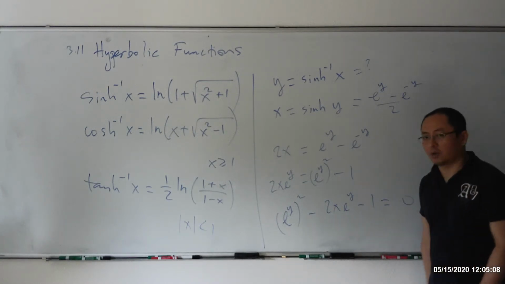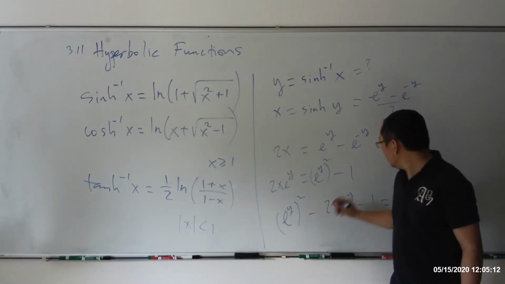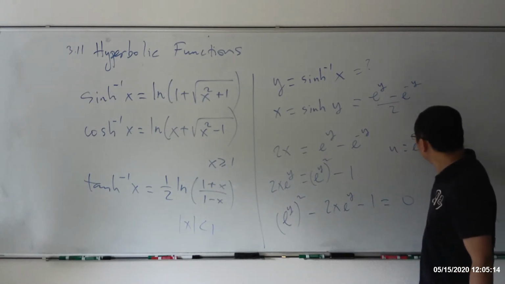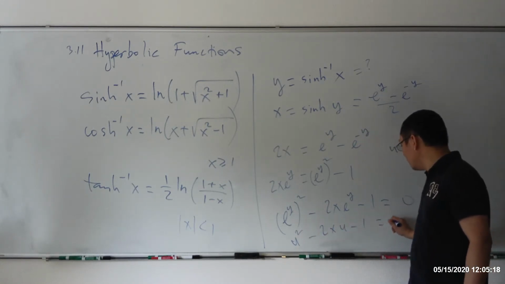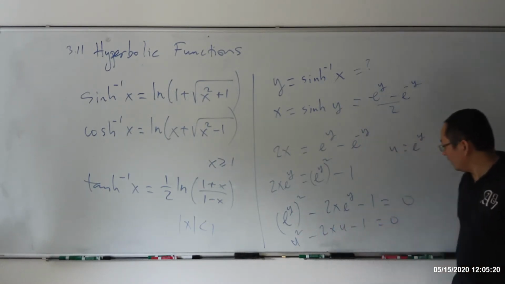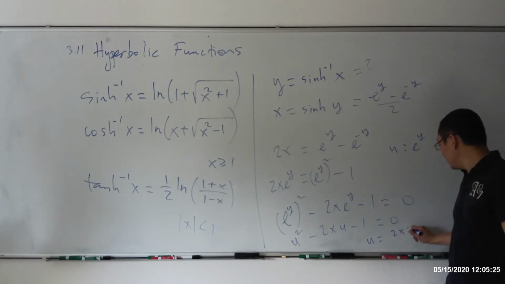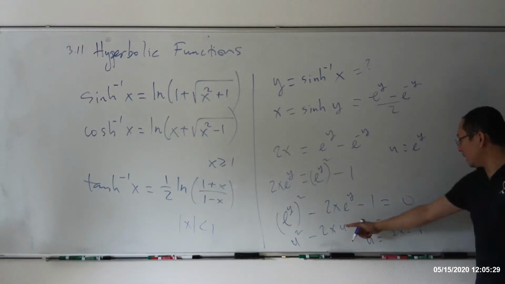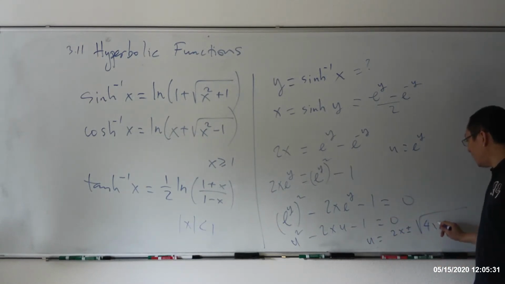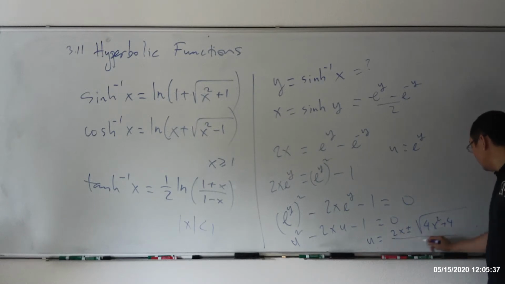You see this is a quadratic equation with e to the y as the variable. Let u equal e to the y. You have u squared minus 2x u minus 1 equals 0. Use the quadratic formula. u is equal to negative b, which is 2x, plus or minus the square root of b squared minus 4ac, which is 4x squared, minus 4 times 1 times negative 1, so plus 4, all over 2.